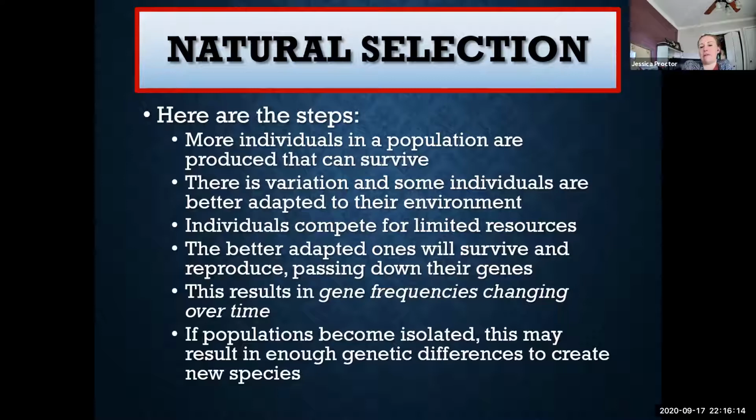Also, if populations become isolated, this may result in enough genetic differences to create a new species. So if a certain subset of a population becomes isolated on an island, let's say the lemurs, for example, the lemurs originated on the mainland of Africa, and then some of them were able to migrate to Madagascar, and they went through a process called adaptive radiation.